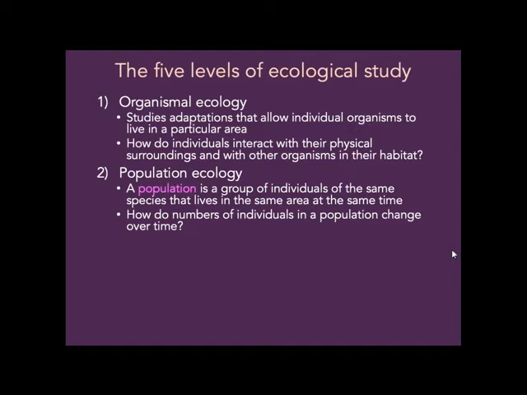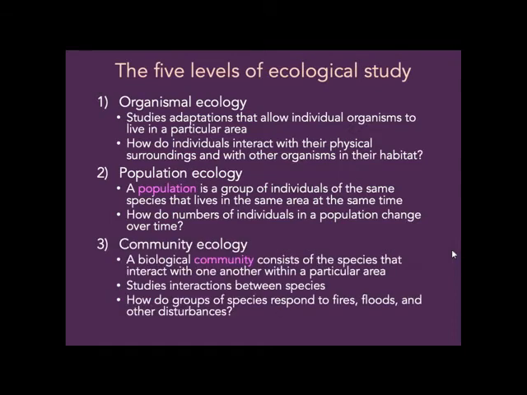A species is made up of a bunch of little populations, because all of the individuals in a population can mate with each other, but they may not be able to reach individuals in other populations. And if populations are separated for very long periods of time with no gene flow, they may become new species. A population ecology question might be, how do numbers of individuals in a population change over time? Why do we have more individuals before and fewer after?